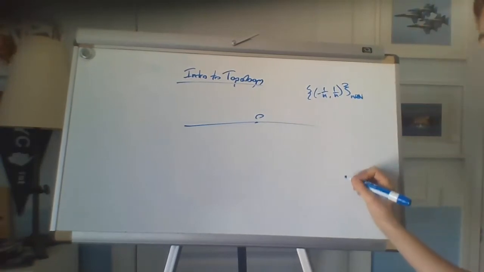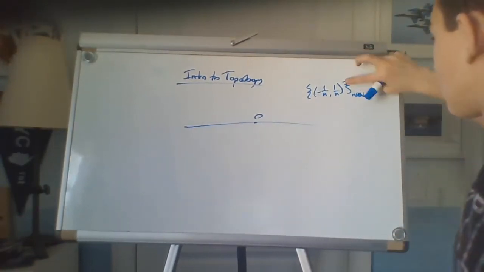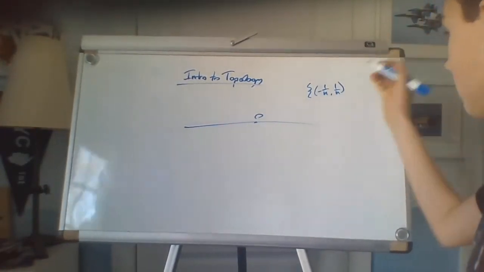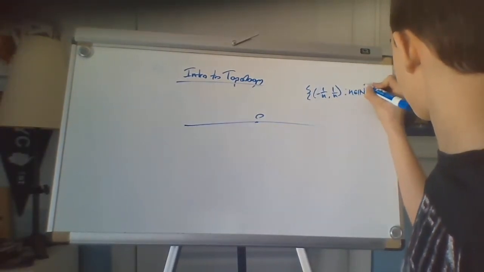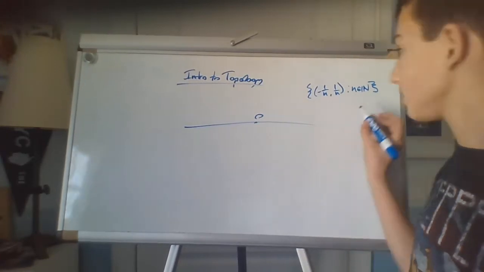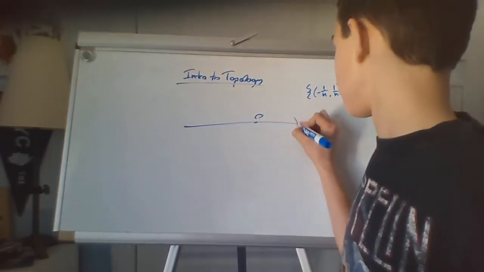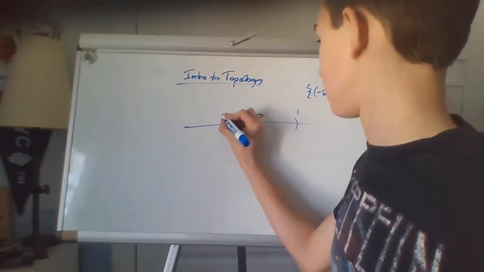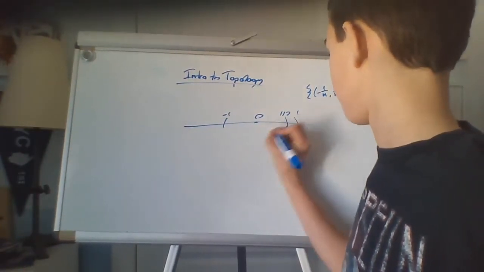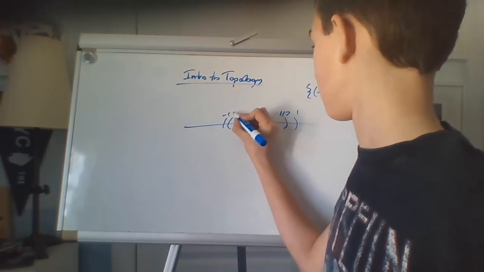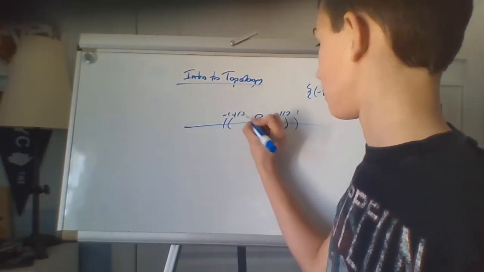Let's take this sequence here, and we'll start out at 1, so 1, negative 1, then 1/2, minus 1/2, and so on.